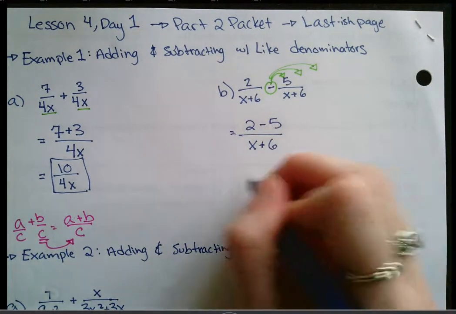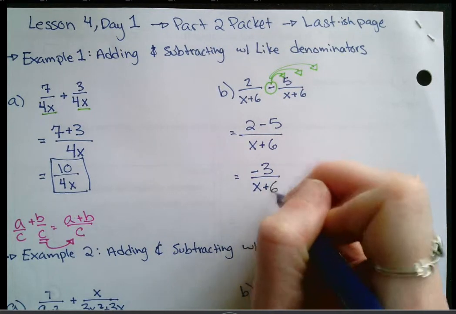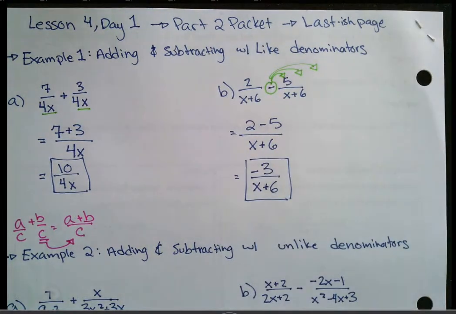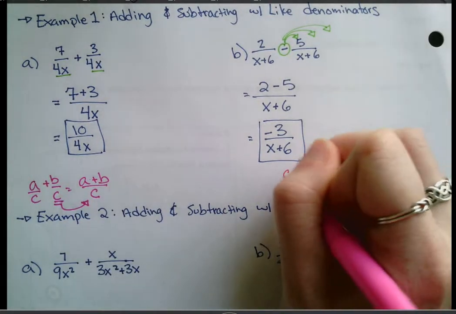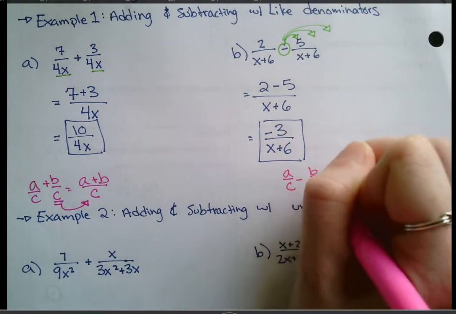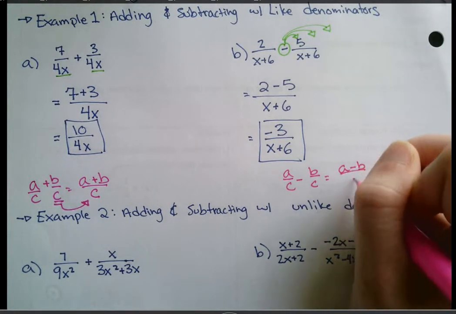So final answer here, negative 3 divided by x plus 6. So technically that's following the same rule here, except for saying, A over C minus B over C is just equal to A minus B divided by C.